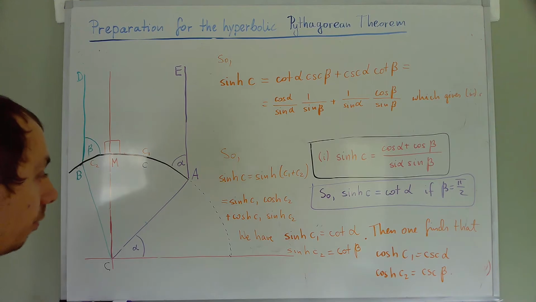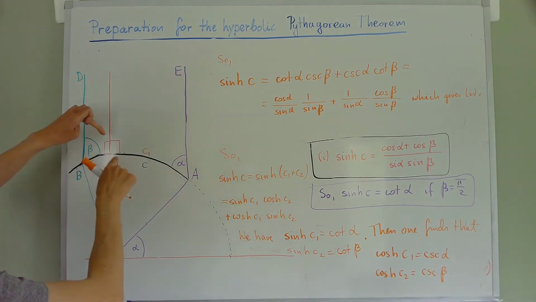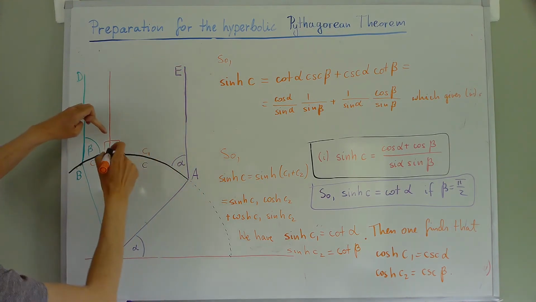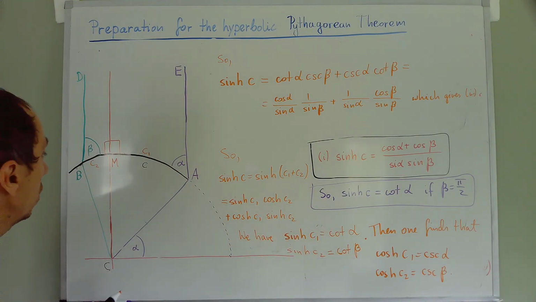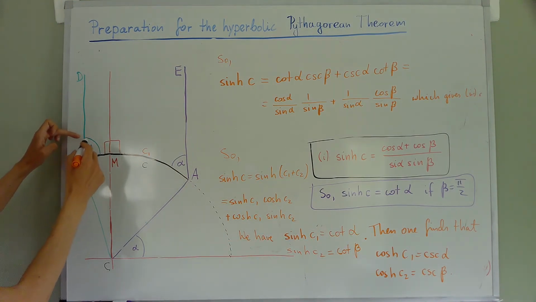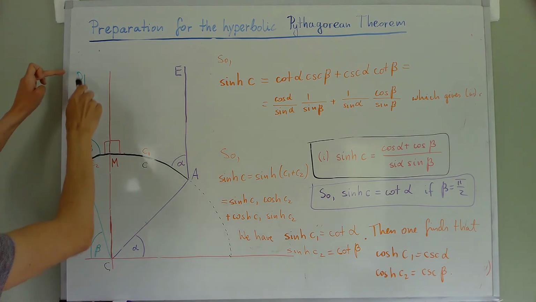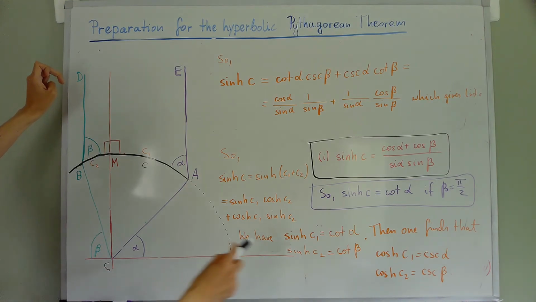Now for the sinh, we just use what we proved, because for sinh C1, we're in this exact situation as in part 1, where one of the angles is right, so we get sinh C1 to be cotangent alpha. A similar situation happens here with the angle beta, so we get that sinh C2 is equal to cotangent beta.